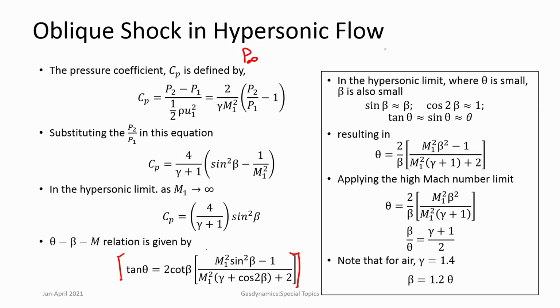That means beta is hardly 20% greater than theta.